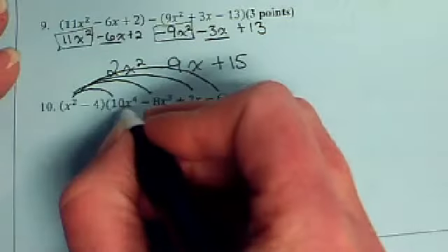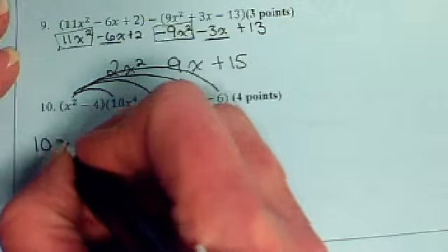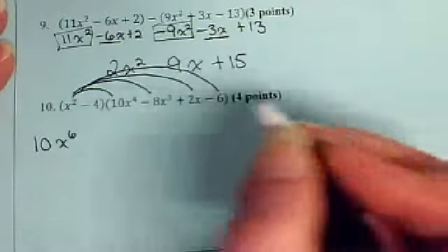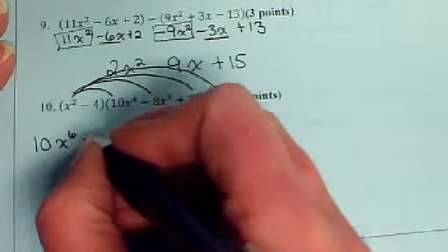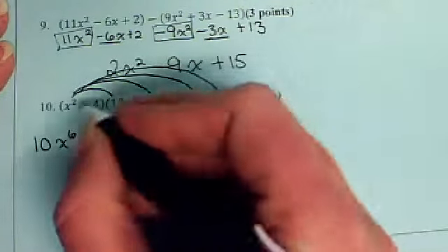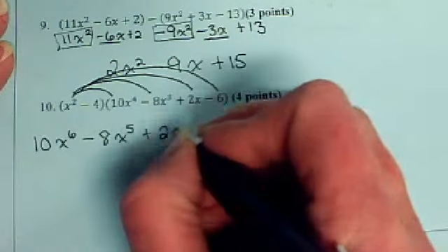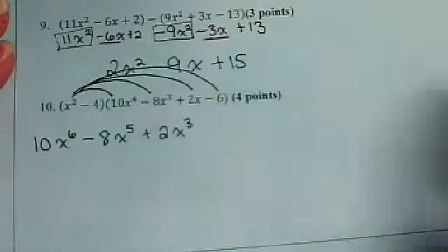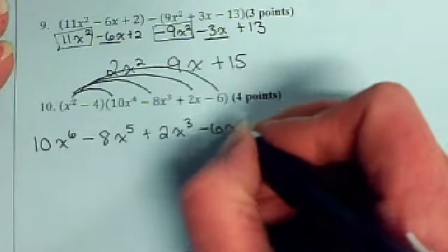So x squared times 10x to the 4th gives me 10x to the 6th. X squared times negative 8x cubed gives me a negative 8x to the 5th. X squared times 2x is 2x cubed. X squared times negative 6 is negative 6x squared.